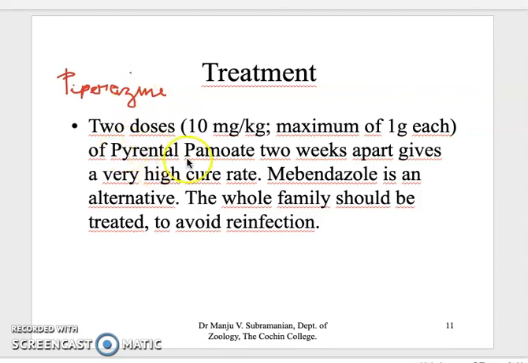Pyrantel pamoate can be given for 2 weeks for the cure, or mebendazole is another alternative, and the whole family should be treated to avoid reinfection of this disease. So that's all in this video lecture.